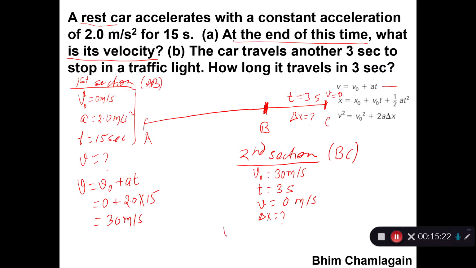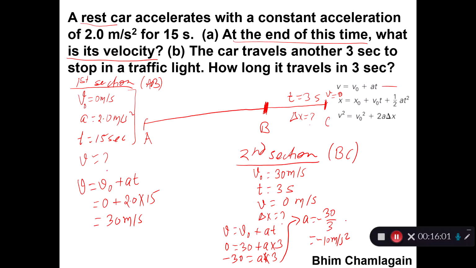If I use v is equal to v naught plus a t, v is 0 in this section, v naught is 30, a is unknown and time is 3 seconds. So negative 30 is equal to a times t, which is 3a. So a is equal to negative 30 divided by 3, which is negative 10 meter per second squared.